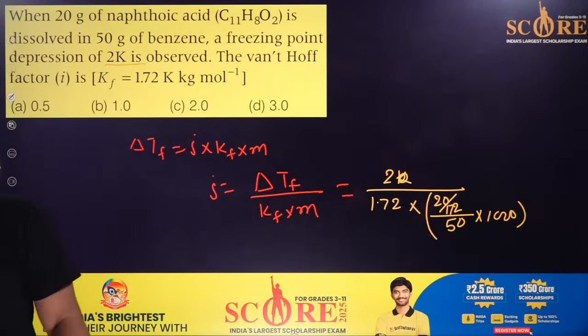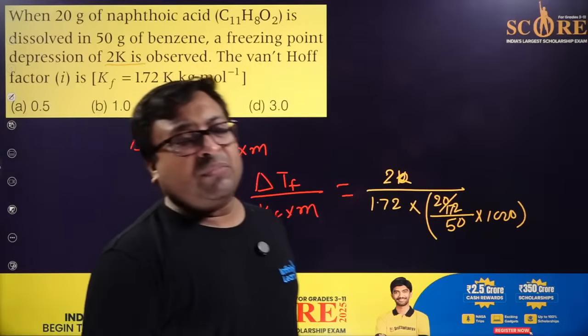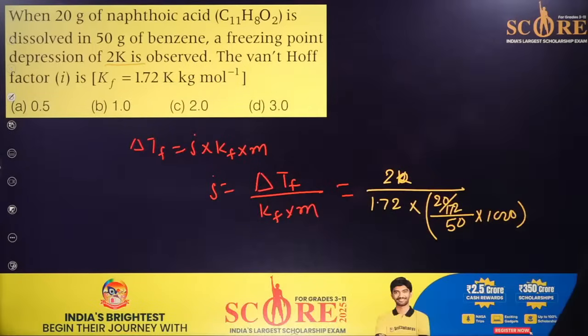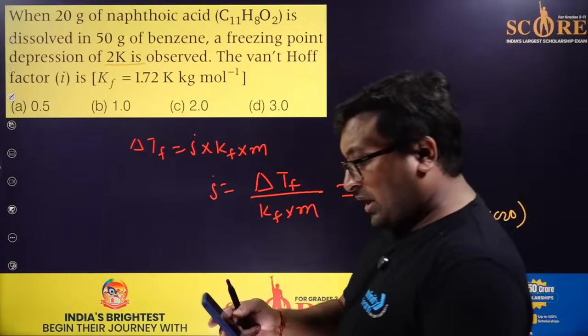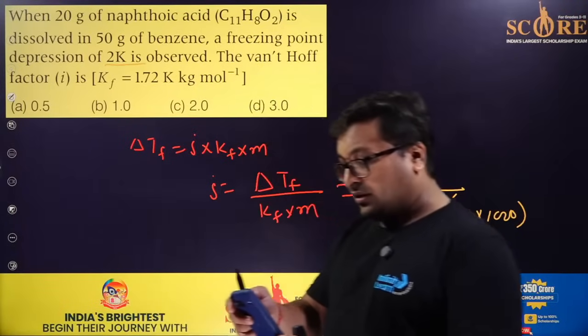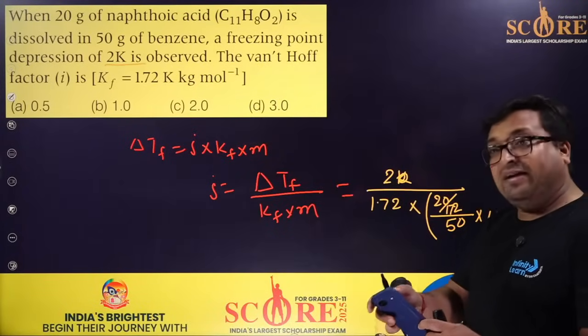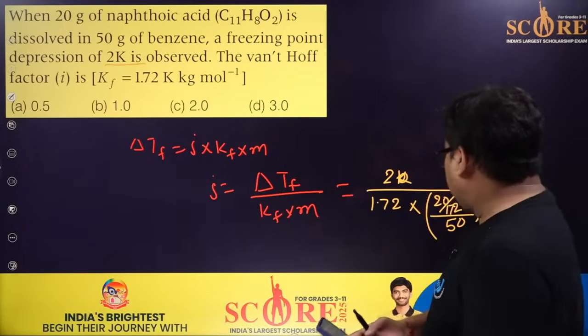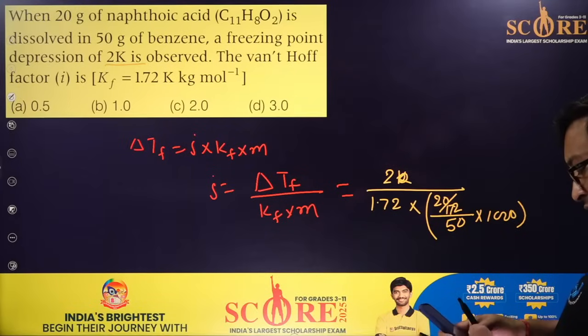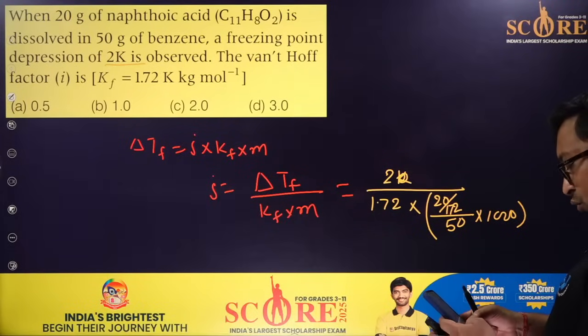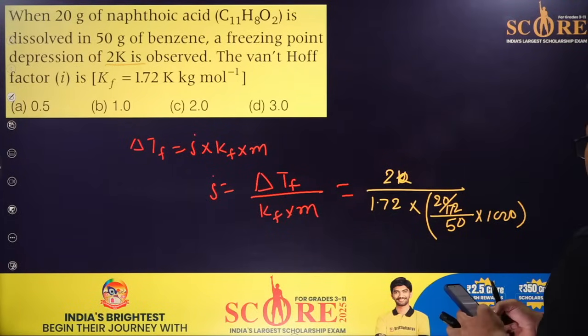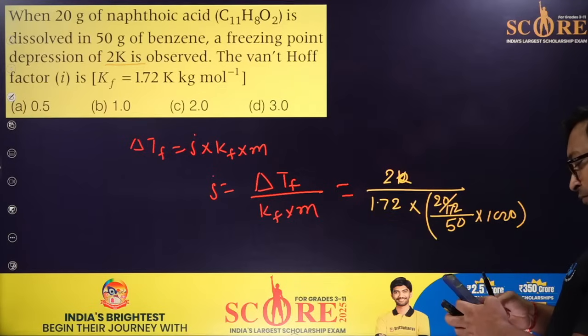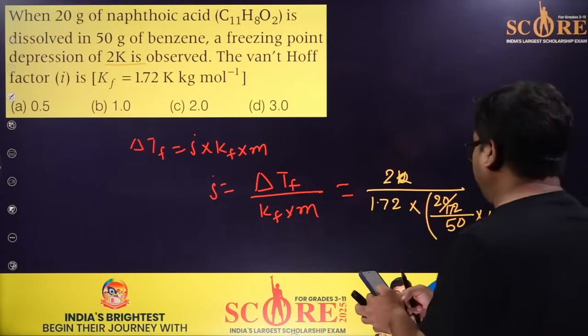Everyone, have you followed this process? Please tell me the exact value, because I do not remember the calculation. So this is 20 divided by 172, divided by 50 into 1000, which is 2.32.